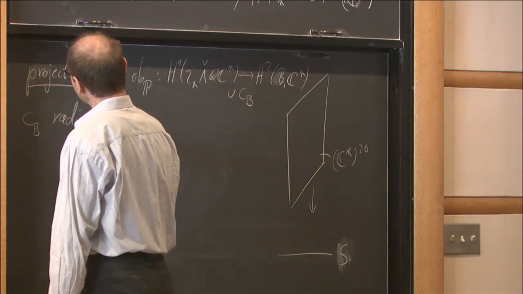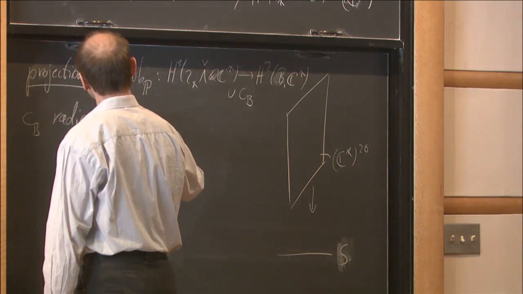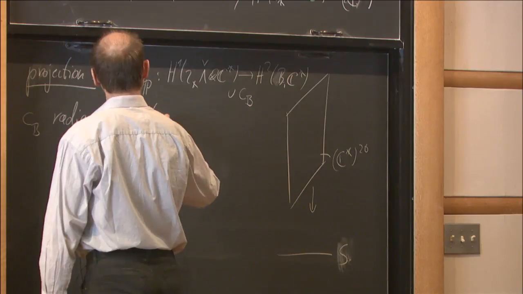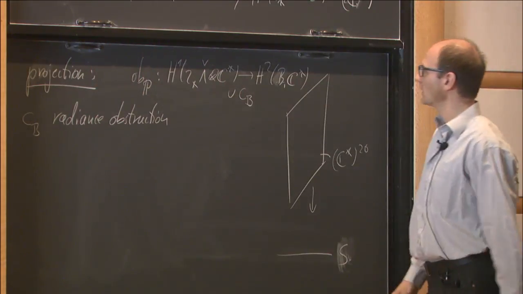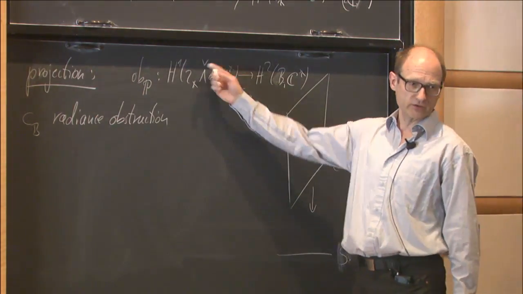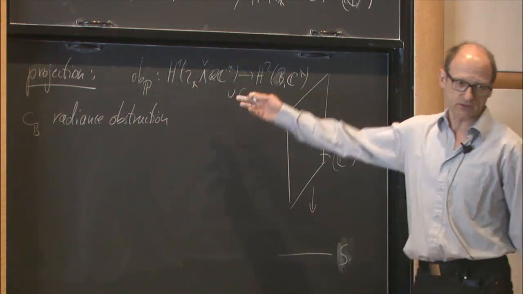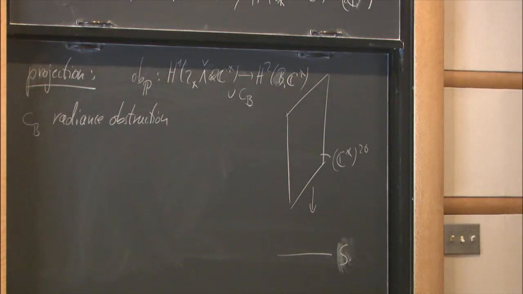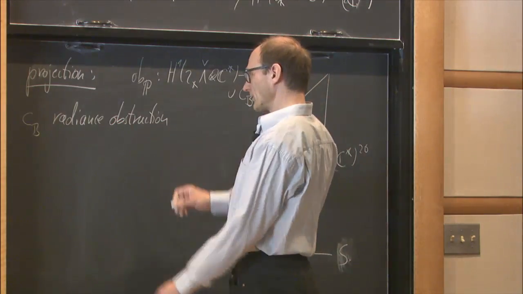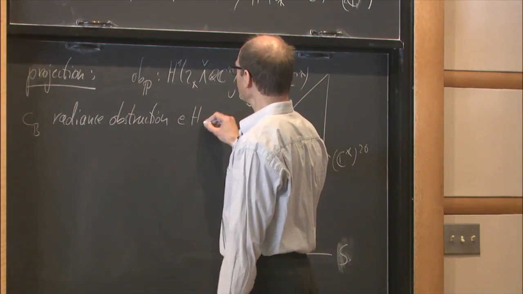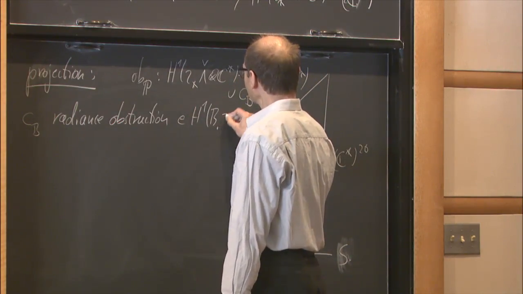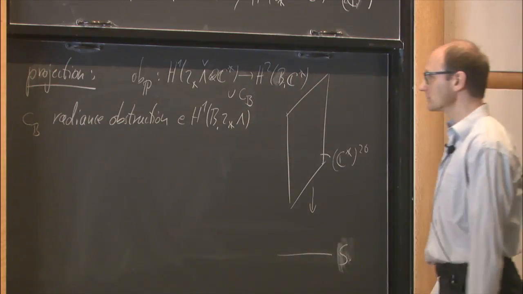So CB is the radiance obstruction. Is it really a C star in this, or is it defined at the Z level? It is defined at the Z level. So if you write this down universally, you take the Z thing and then you evaluate. So the radiance obstruction lies in H1 of B, iota lower star lambda. That's actually integral.